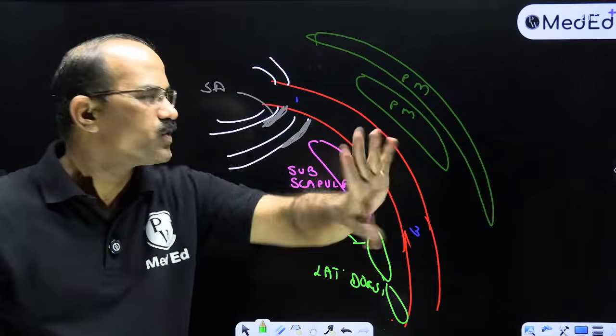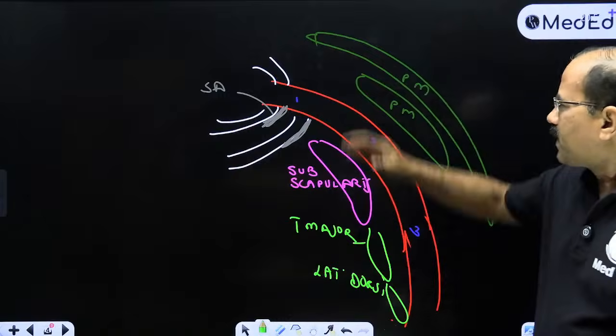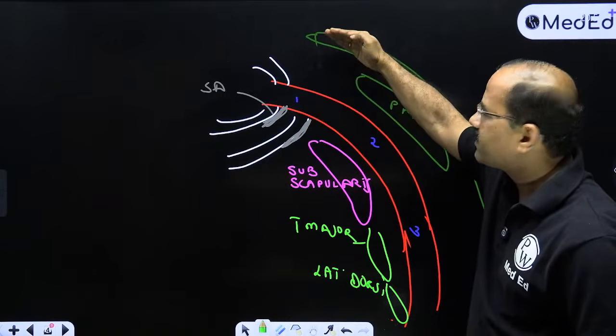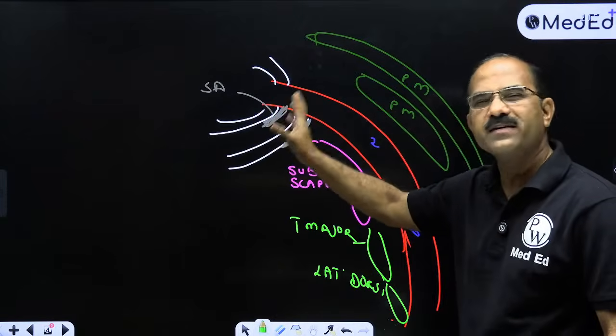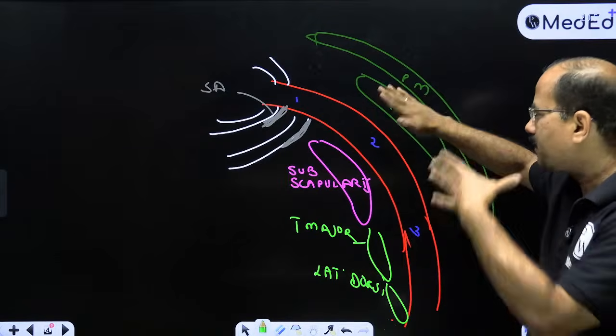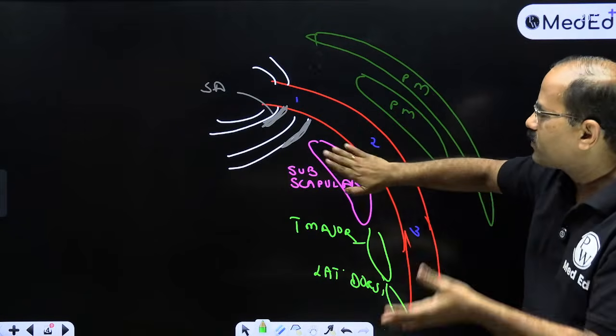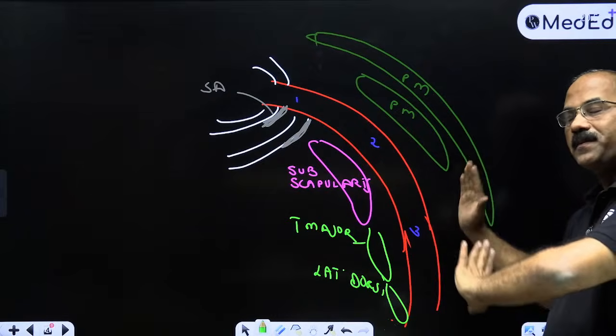This is the easiest way to understand axillary artery. Simple है. So first part देखो, first part का anterior relation pectoralis major. First part का posterior relation is the ribs and the serratus anterior. Second part का anterior relation is pectoralis major, pectoralis minor. Posterior relation is subscapularis. Third part का anterior relation is going to be the pectoralis major.